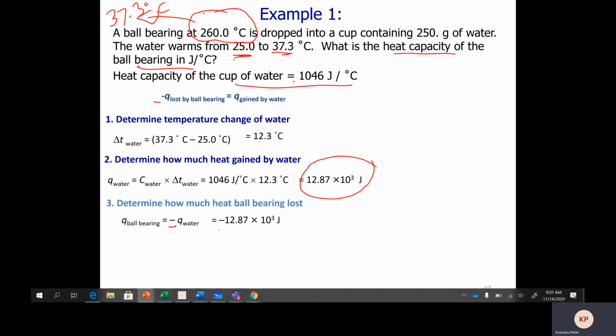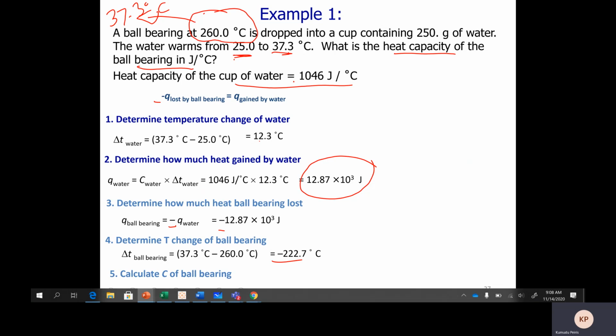So it is negative 12.87 times 10 to the third joules. Now determine the temperature change of the ball. The final temperature of the ball is 37.3 minus 260.0. So it is a negative value, yes, negative 222.7 degrees Celsius.